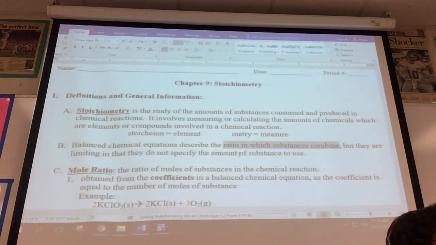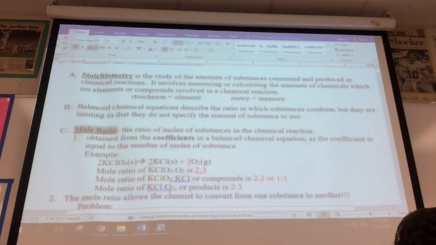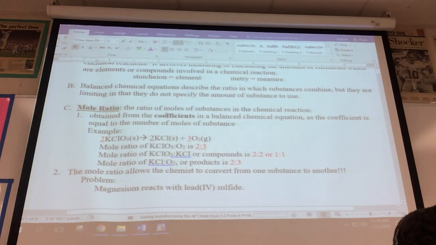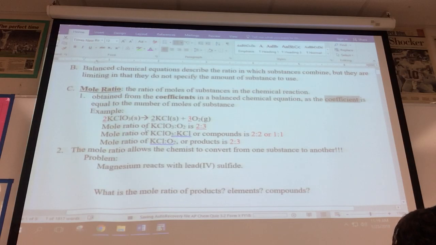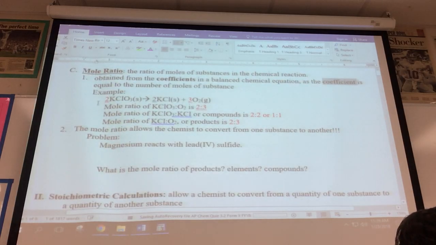From balanced chemical equations, we can determine mole ratios. And mole ratios are obtained from the coefficients in a balanced chemical equation. The coefficient will be equal to the number of moles of substance. For example, in the equation I've got here, I'm going to go ahead and put some different colors in so you can truly follow along.